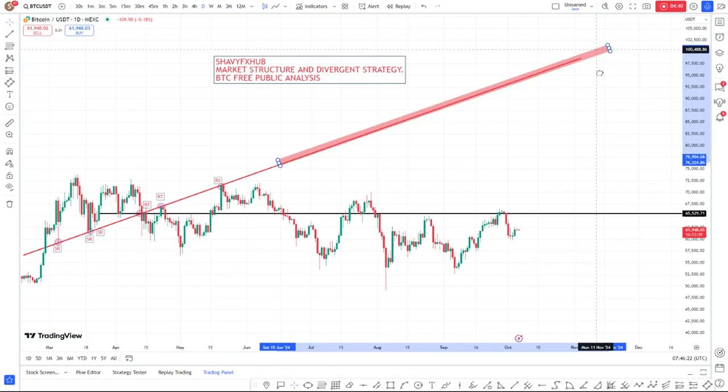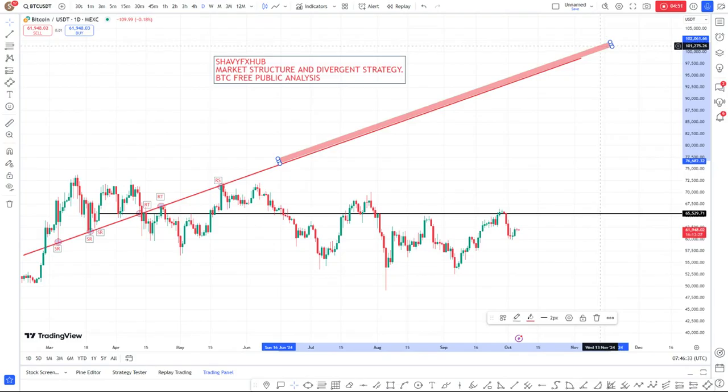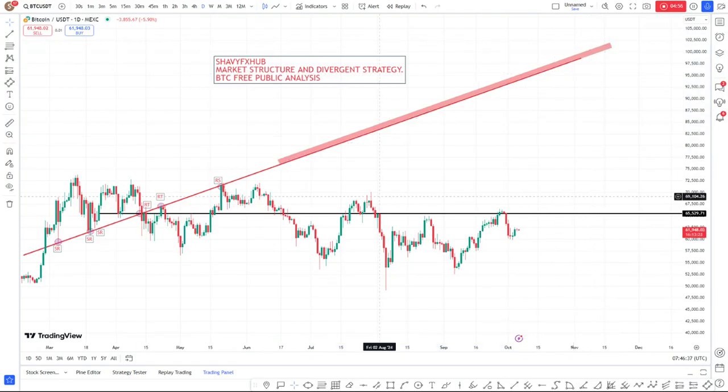So I like to put my zone above the line because of projected wicks. So this becomes a new sell zone based on the daily structure.